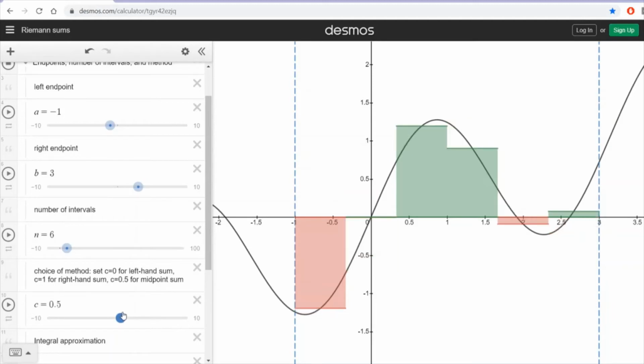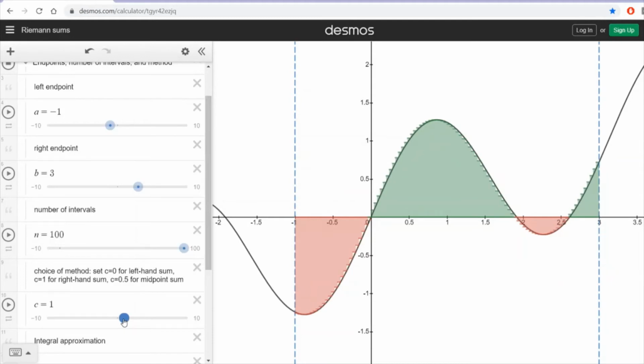But now I'm just going to bring it back to the right endpoint. If I now increase the number of rectangles, we can see that the approximation is getting a lot better, right? The rectangles are really fitting this curve really well. And right now it's on right-hand sum. If I now switch it to the middle, it pretty much looks the same, right?